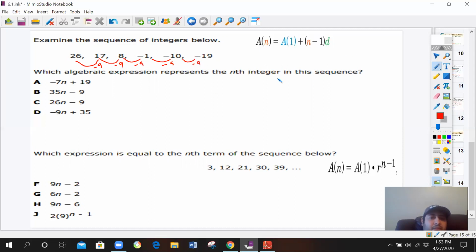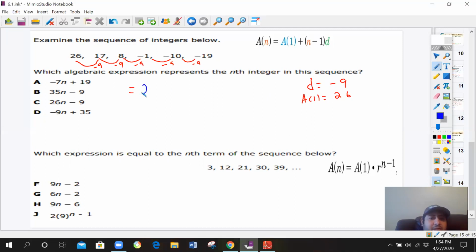So your d is going to be the difference of -9. Your A1, the first initial value, is 26. And we don't know our n, so we don't need to worry about that because we just need to write the expression. All right, so let's choose a different color.